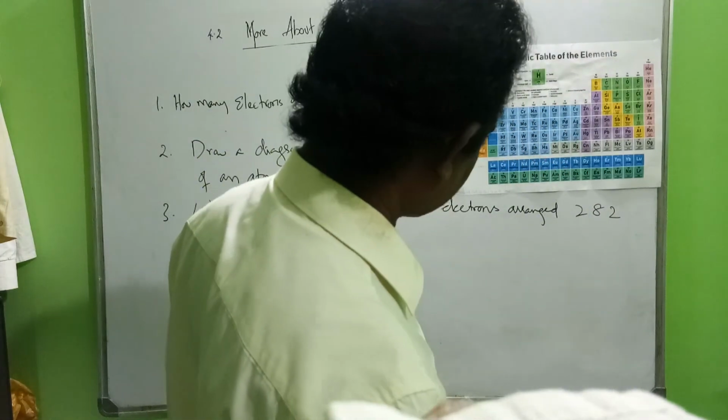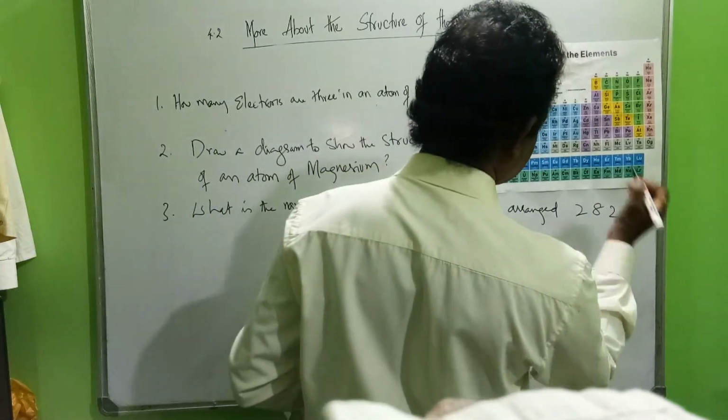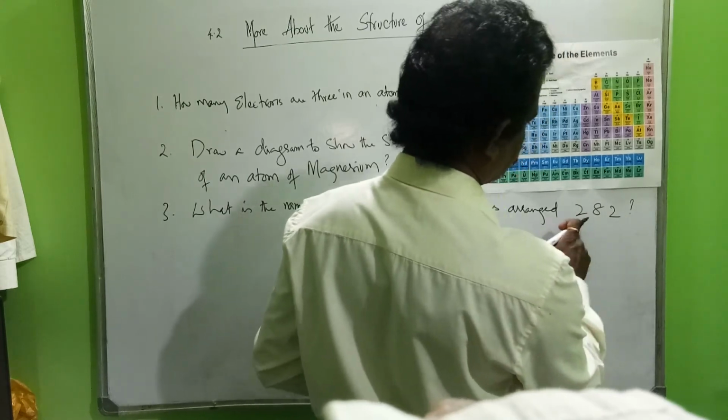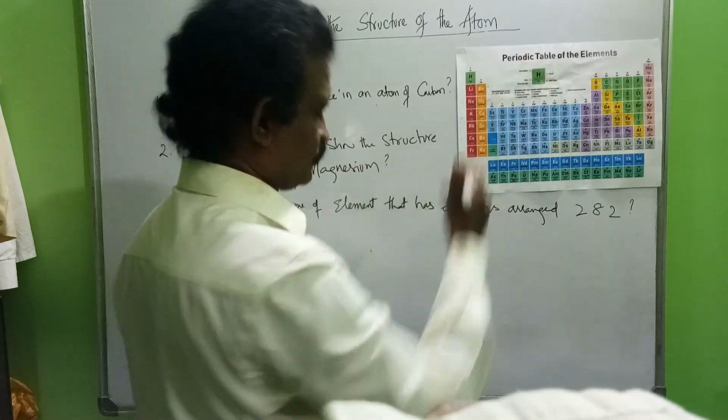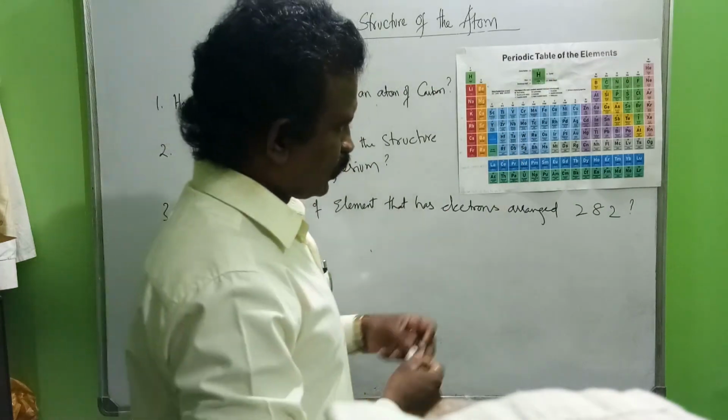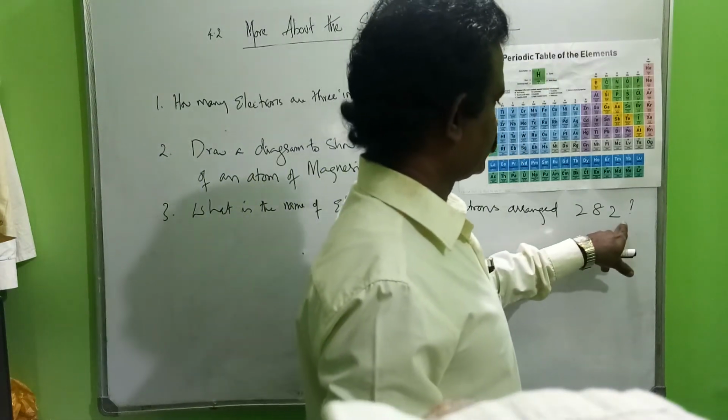Okay, so that means 2, 8, 2. We should name this. Now add this up: 8 plus 2 is 10, 10 plus 2 is 12. So which is that element? Find out from your periodic table. Is it clear?